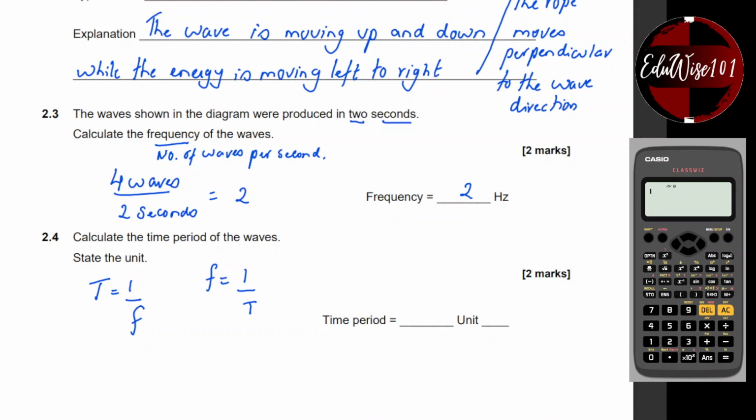So the frequency above is 2. So 1 divided by 2 is 0.5, and the unit, time period is second, so the unit will be seconds.